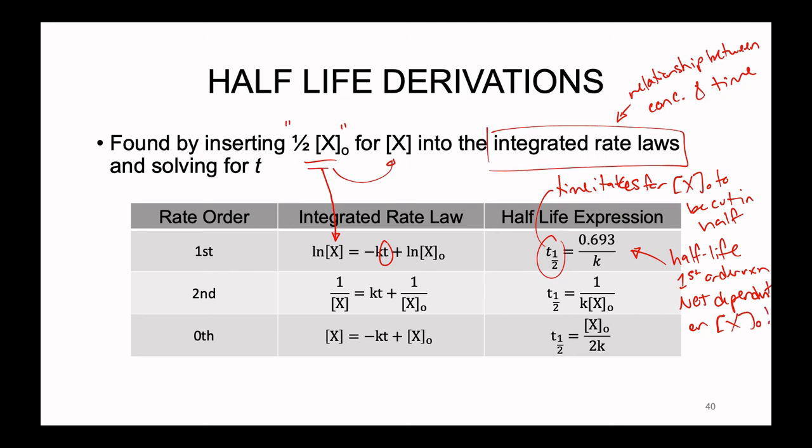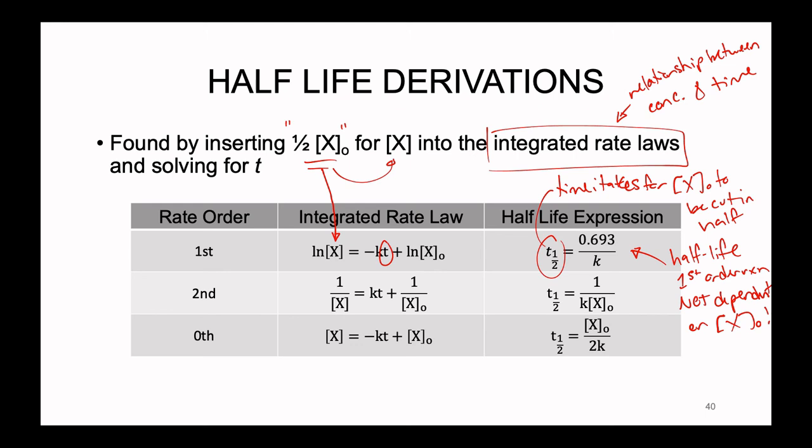In other words, if your reaction is first order overall, the time it takes for half of your initial concentration to be eaten up doesn't depend on how much you initially had. The time progression is going to only depend on k.